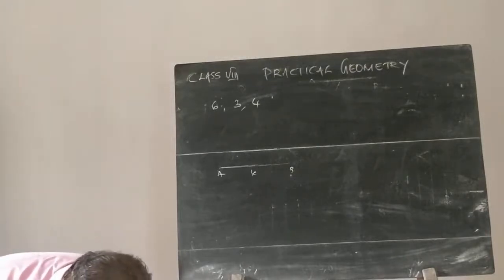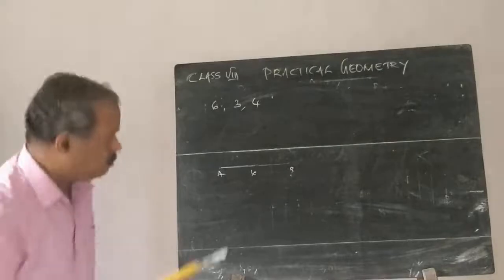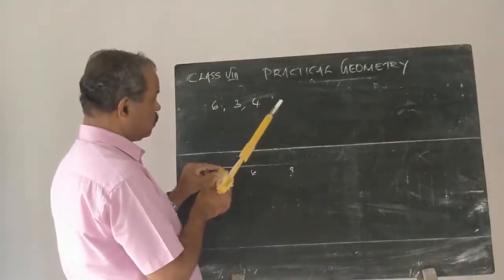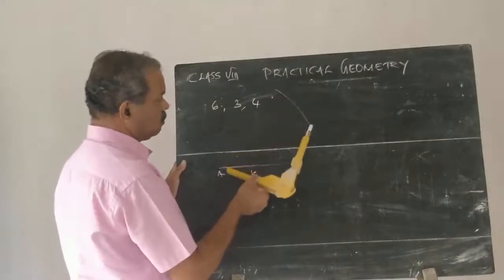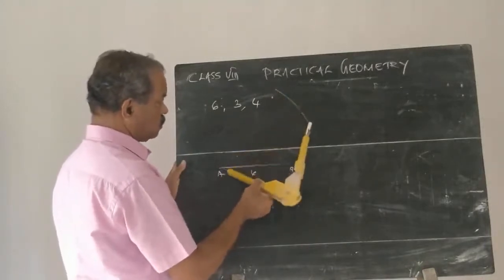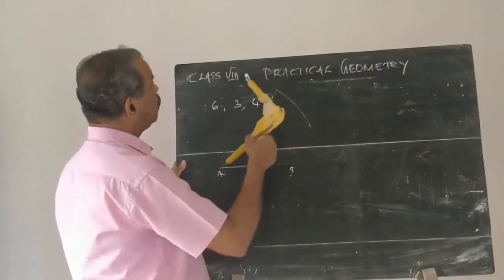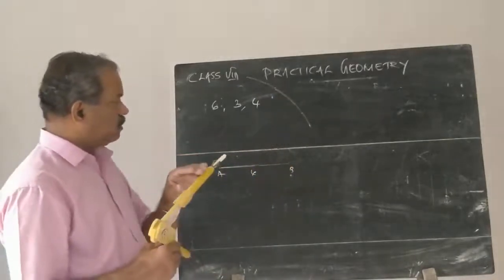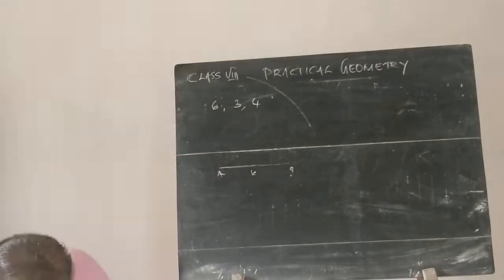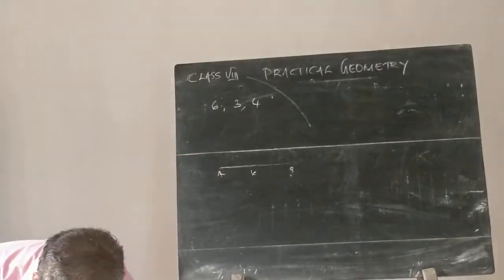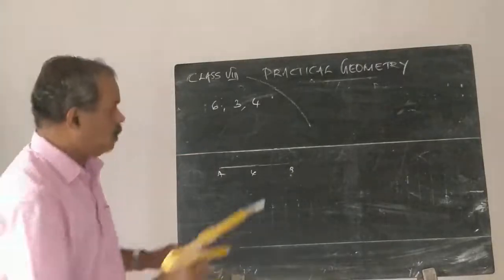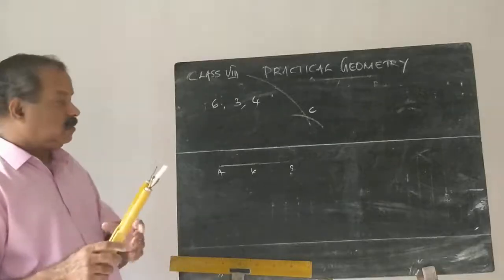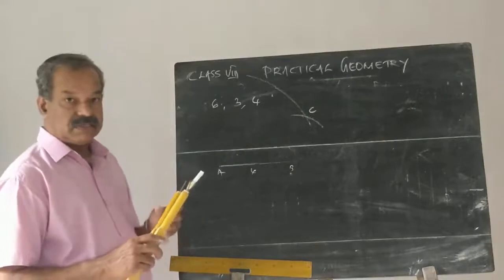Measure 5 centimeter in the scale and draw the arc 5 centimeter. Then 3 centimeter is required. We can take these measures from the scale in this manner.